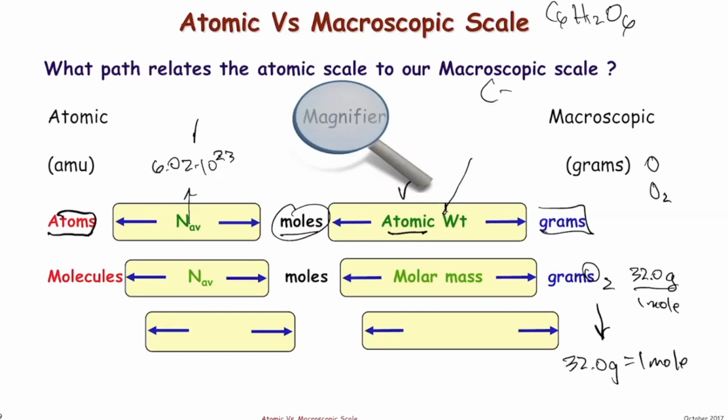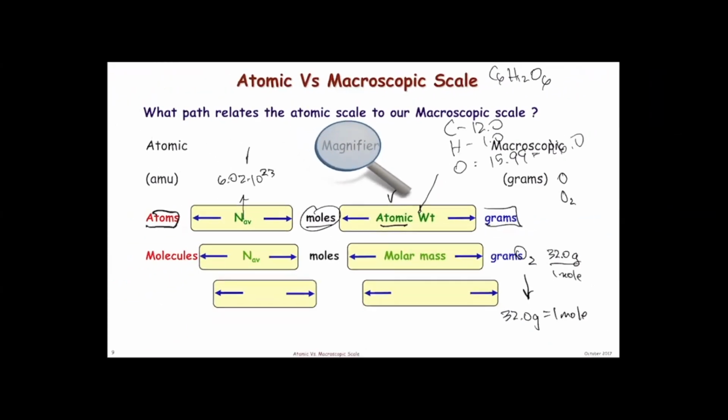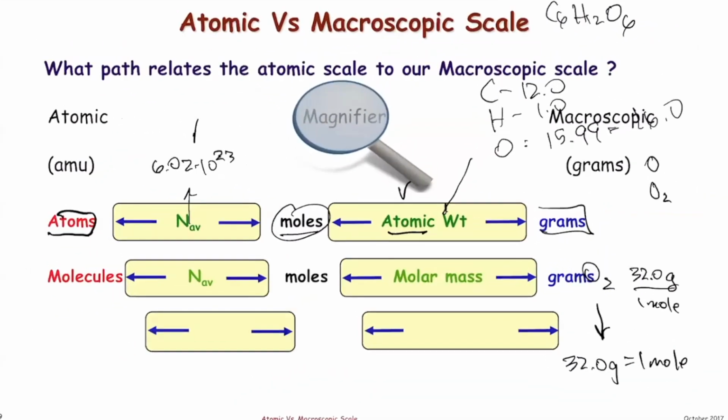Carbon has a mass of about 12.0. Hydrogen has a mass of about 1.0. Oxygen has a mass of 15.99. We'll make it 16.0.